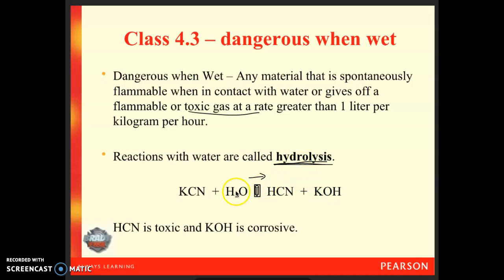And what the hydrolysis reaction does is we can think of hydrolysis reactions in this context as a double replacement reaction. So if I think of water as hydrogen hydroxide instead of the molecule H2O, what I have is a cation, hydrogen, and an anion, hydroxide.